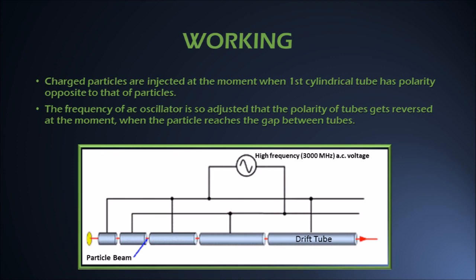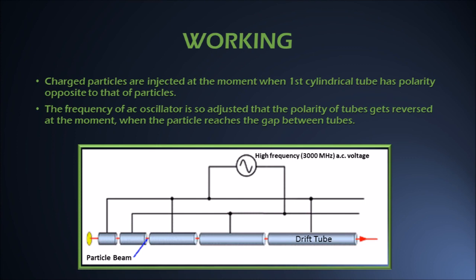The frequency of AC oscillator is so adjusted that the polarity of tubes gets reversed at the moment when the particle reaches gap between first and second cylindrical tube. As a result, the particle gets again accelerated towards second tube.